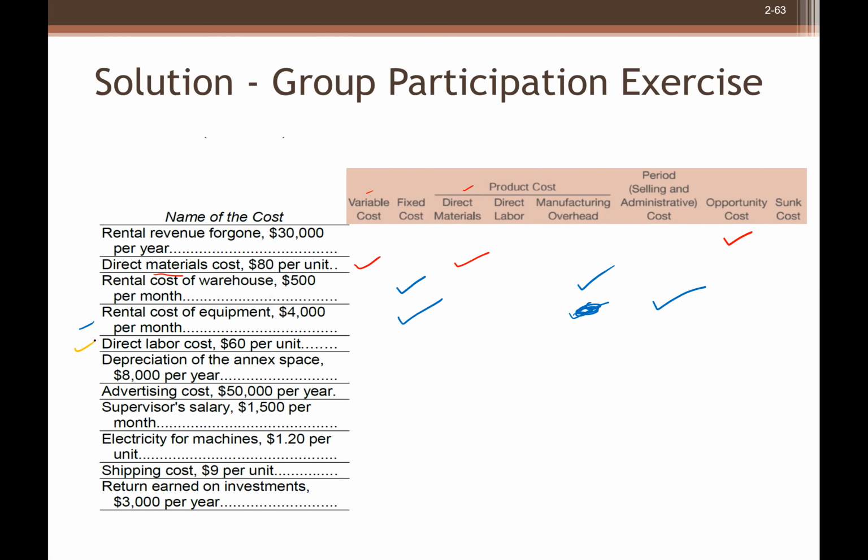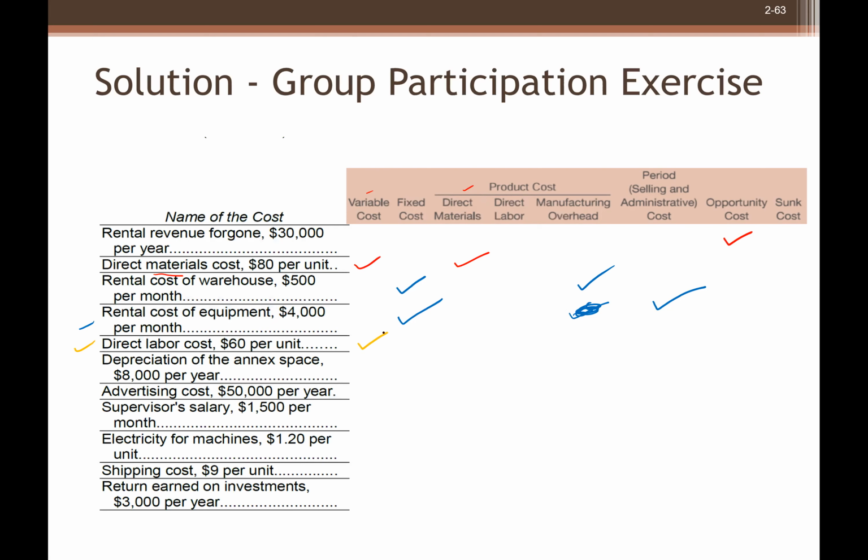And then direct labor cost 60 per unit. So the second group, I think third group, Group William. Yeah. The direct cost 60 per unit.